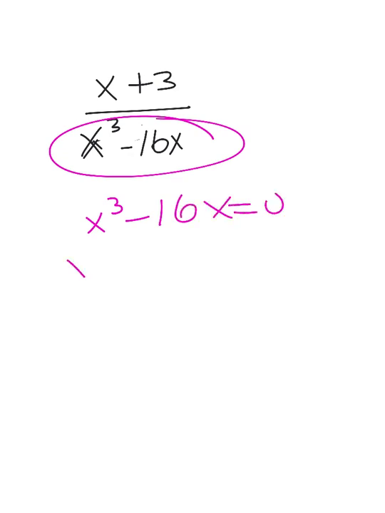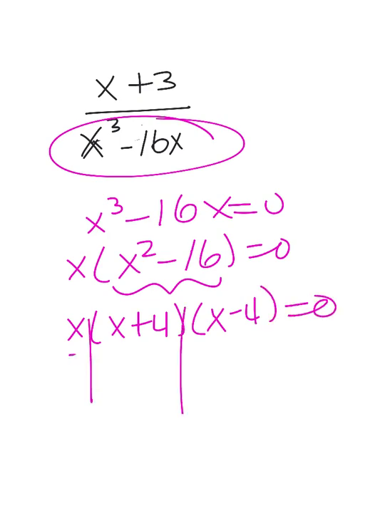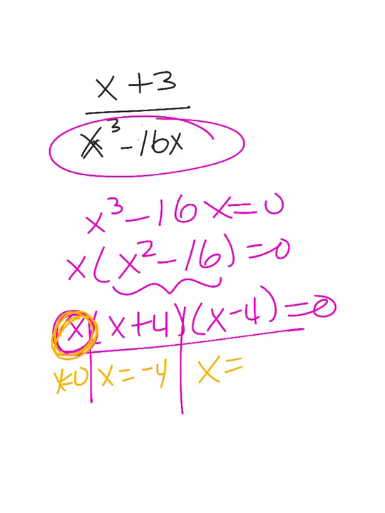I can factor out the GCF, which is x, times x squared minus 16 equals 0. And then I can factor x squared minus 16, so that is x plus 4, x minus 4 equals 0. Set them equal to 0. Don't forget about this x here. So x equals 0, x equals negative 4, x is equal to 4. So the fraction is undefined when x is equal to either 0, negative 4, or positive 4.